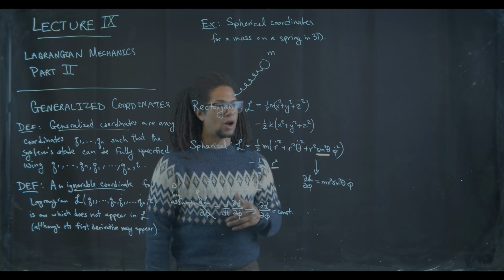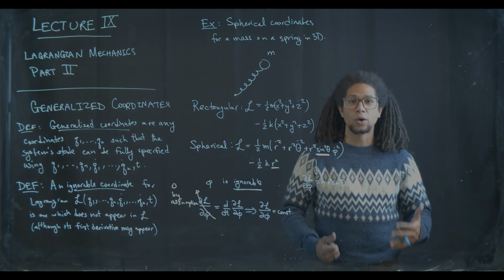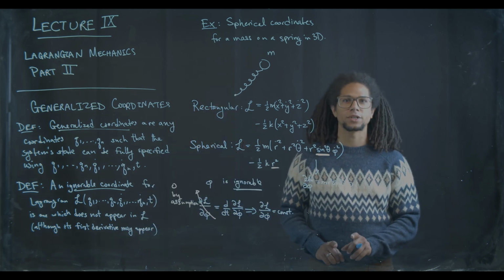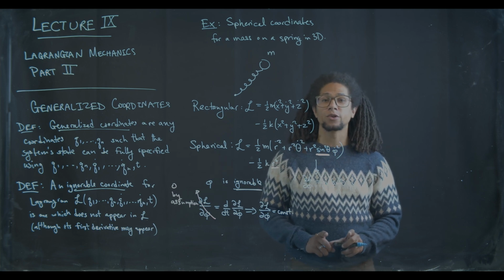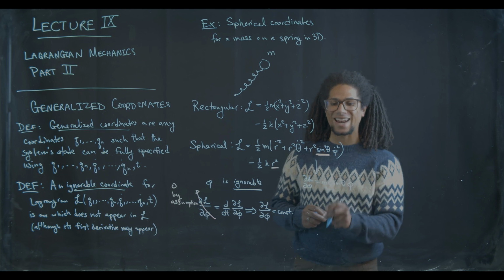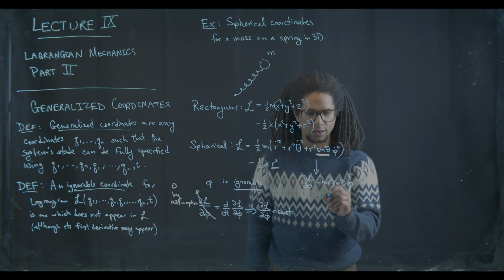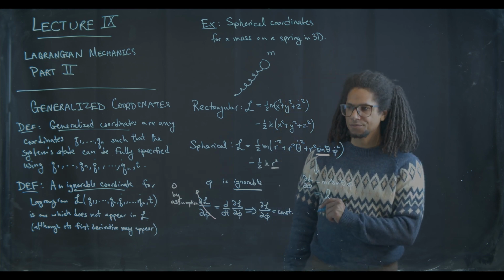And that object is a constant. Good. Now, why is it helpful to determine ignorable coordinates? Let's look at the Euler-Lagrange equation for r to figure out what we might be able to get out of defining this constant. So notice that this thing is going to be some constant. Let's call it curly L.